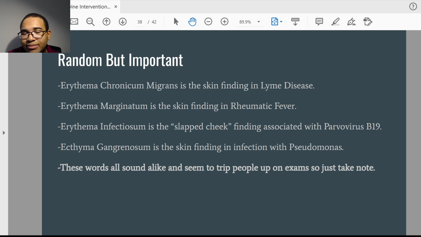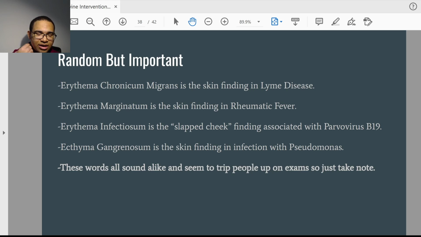Erythema marginatum, that's the skin finding in rheumatic fever caused by group A strep, Streptococcus pyogenes. And then erythema infectiosum, that's the slapped cheek rash associated with parvo B19. Again, remember, parvo B19 does not just show up in kids, it can also show up in adults, especially children's teachers, like elementary school teachers. That's a classic presentation on MBMEs. And then ecthyma gangrenosum, right?